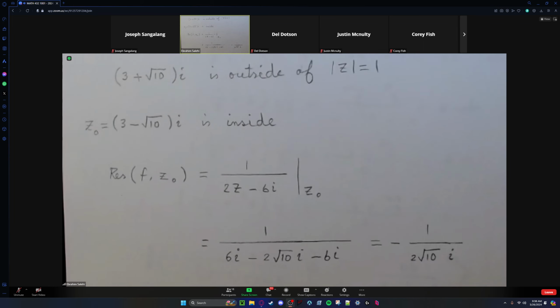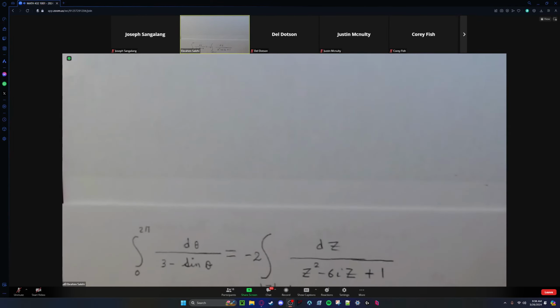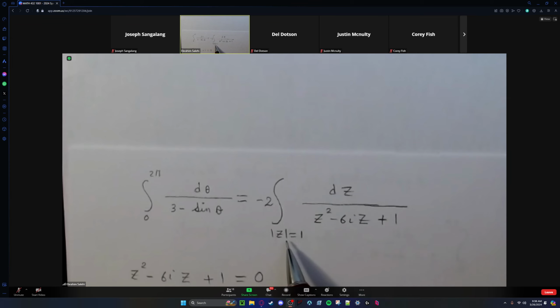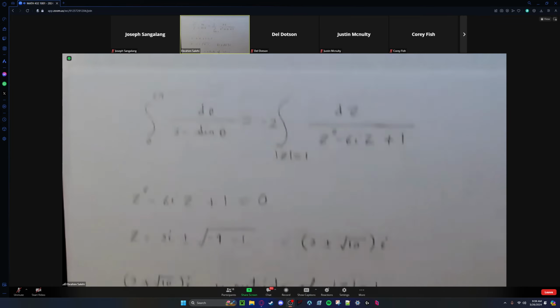So the integral, I'm talking about this integral now, this negative 2 is a constant, that's fine. It will be 2 pi i times that residue.